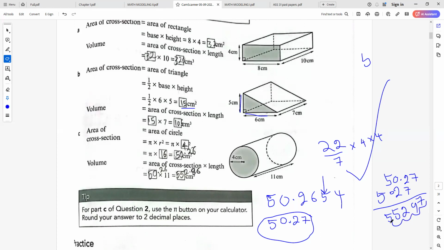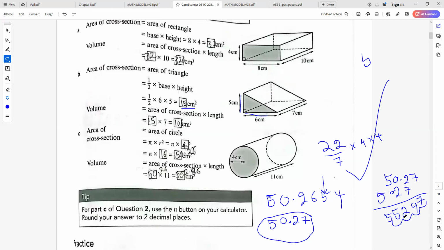What would be the answer? 50.27 into 11 gives you... Okay. Now we are multiplying by 11. So we have only two decimal places.